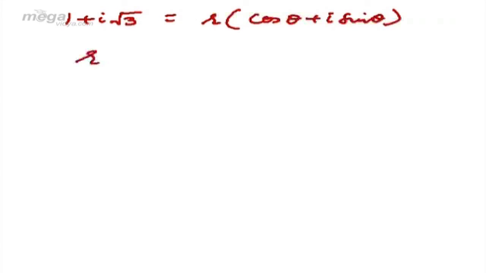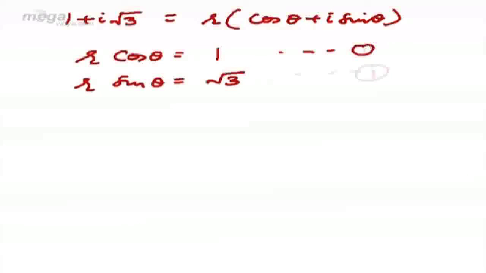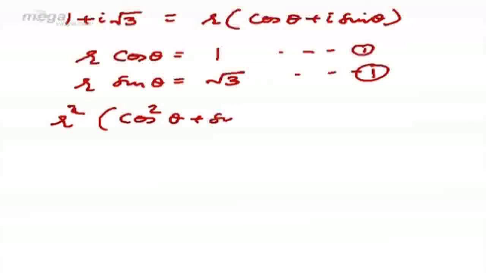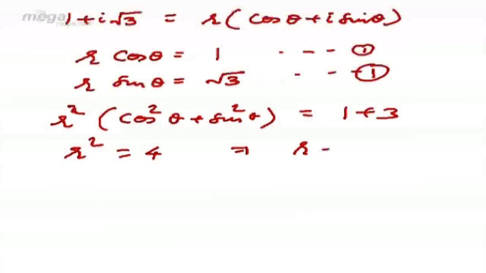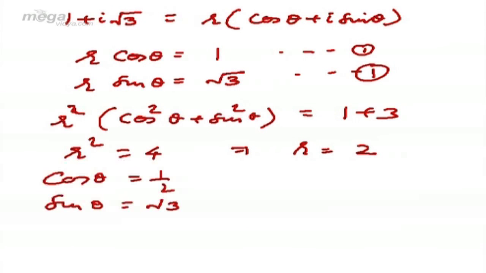Let us compare, then r cos theta will be equal to 1, r sin theta will be equal to root 3. If we square and add these two equations, then r square (cos square theta plus sin square theta) will be equal to 1 plus 3, that is r square is equal to 4, that is r is equal to 2. If we put the value of r here, then cos theta will be equal to 1 by 2 and sin theta will be equal to root 3 by 2.